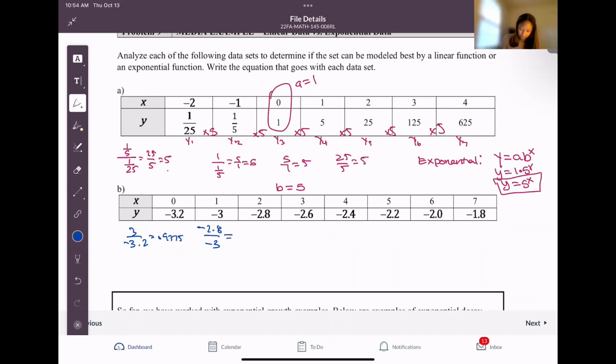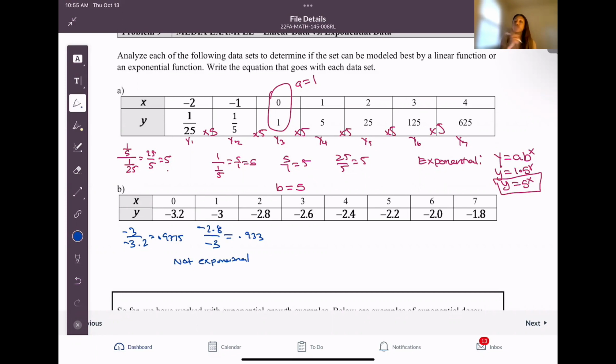And then negative 2.8, sorry, both of these were negative, negative 2.8 divided by negative 3, that is 0.933. So these are different. They're not equal. You can see that this is not exponential.